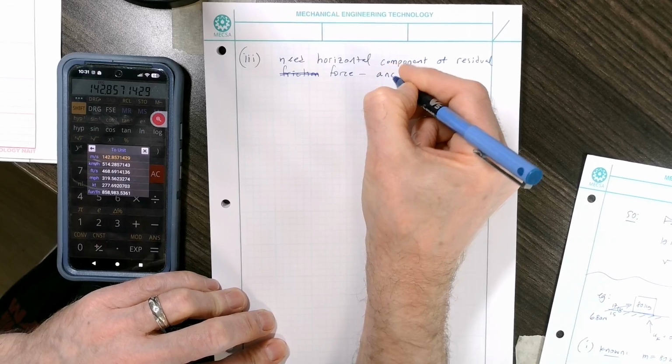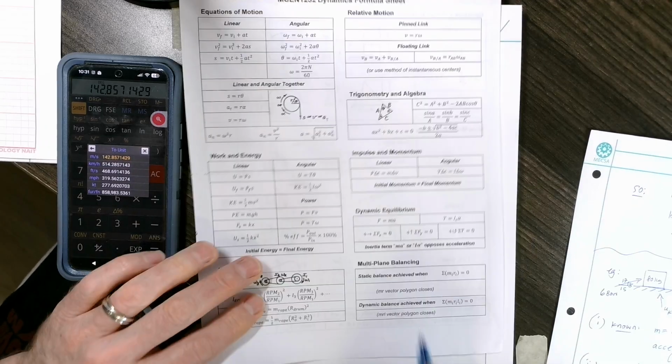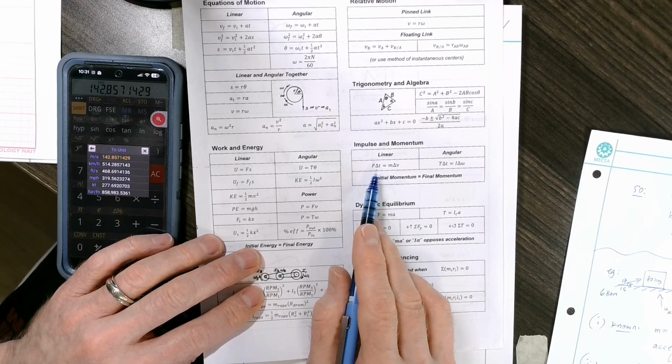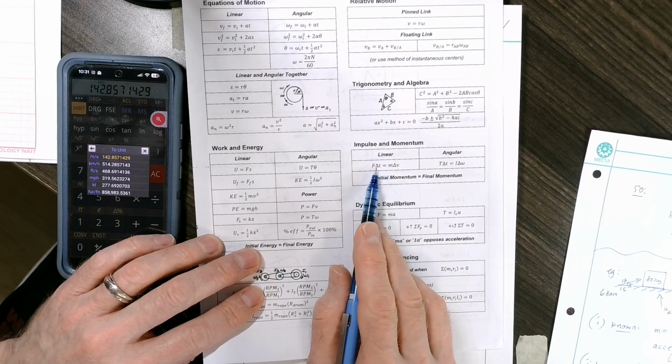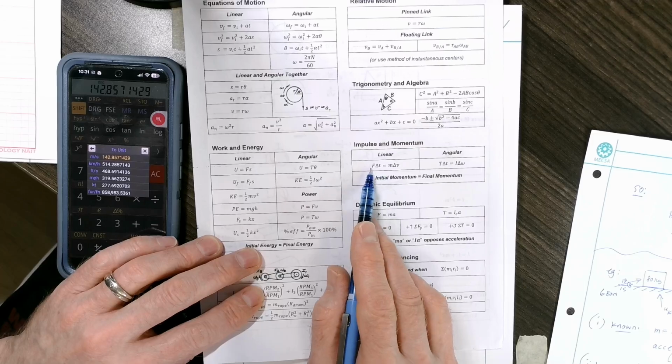And now the analysis, this F delta T, M delta V. The force must, they're vectors. The force must be in the same direction as the velocity. It can't just be random. I mean, the extreme, you know, a vertical force and a horizontal velocity, well, you get nothing. Nothing happens. They don't go together. They have to be complementary directions.